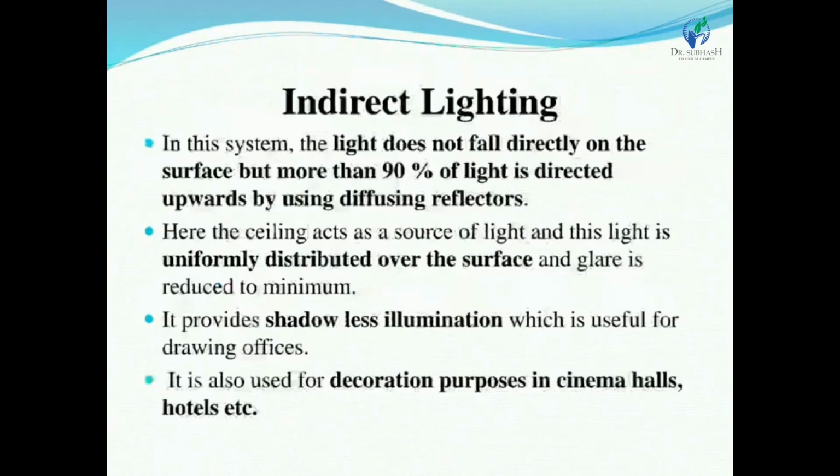It provides shadowless illumination, which is useful for drawing offices. It is also used for decoration purposes in cinema halls and hotels. The main difference between direct and indirect lighting is the direction of the fall of light.